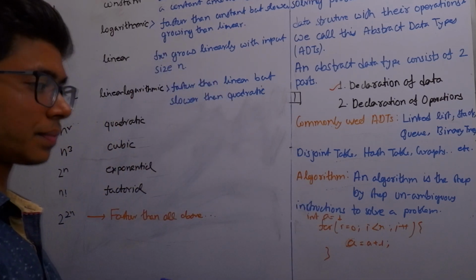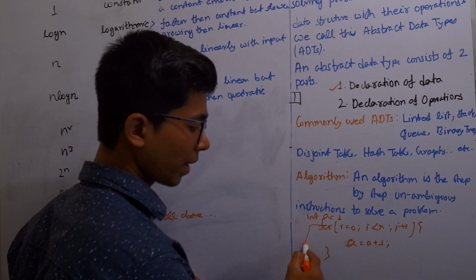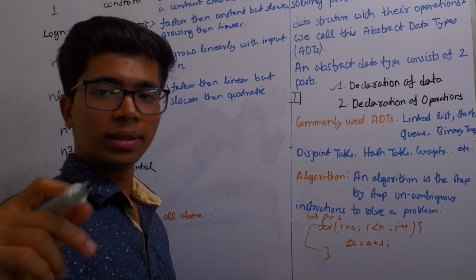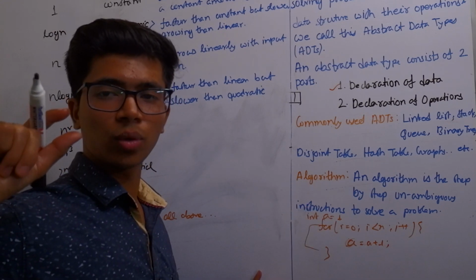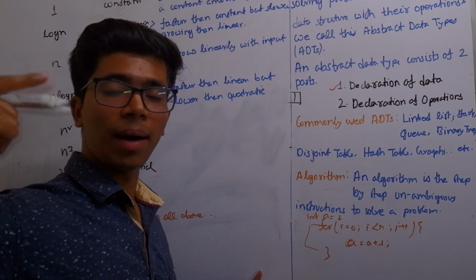So look, we just took a little code, and guess what the time complexity of this code is. This is also a small part of an algorithm. An algorithm is a combination of small parts, small instructions, and they take an amount of time.